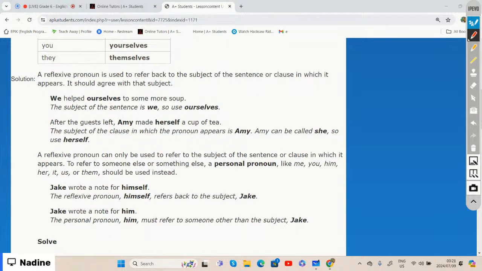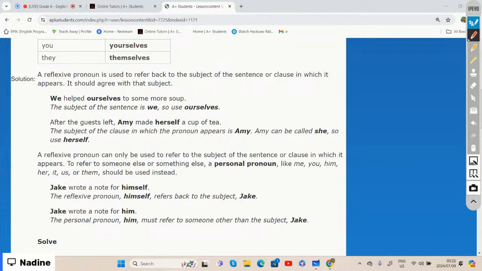But now, to refer to someone else, remember, a reflexive pronoun refers to the subject. If you're referring to someone else or something else doing something, then it is a personal pronoun, right? Our personal pronouns are words like me, you, him, her, it, us, or them, right?